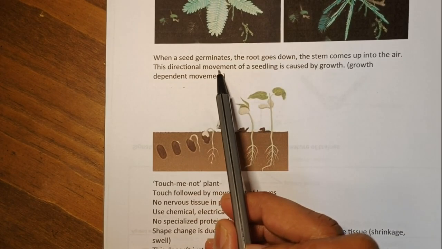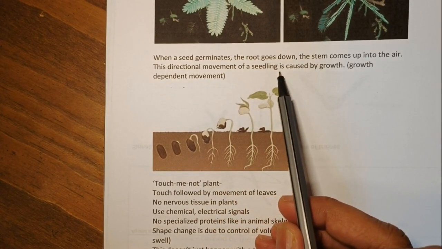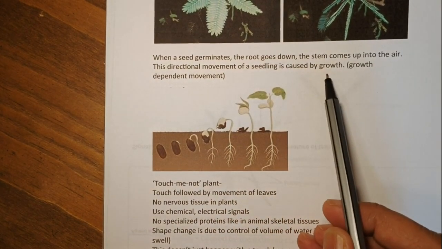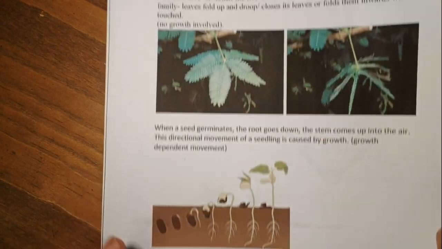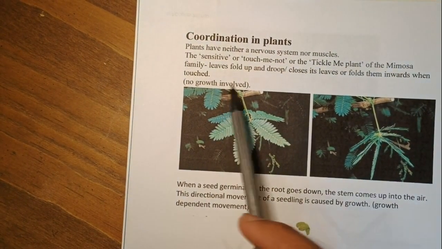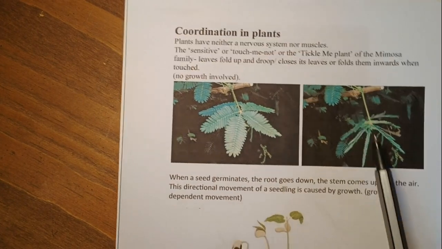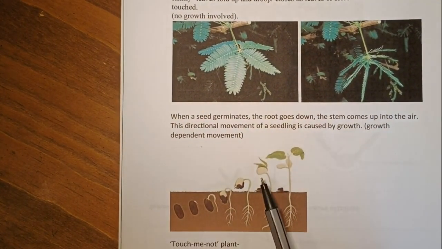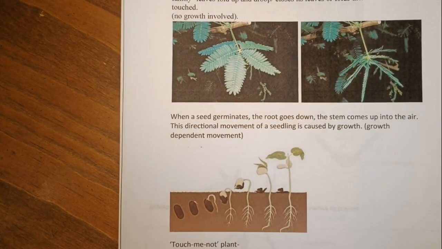So there is a directional movement of the seedling, and this is related to growth. So we've seen two types of movements here: a growth independent movement, and a growth dependent movement.